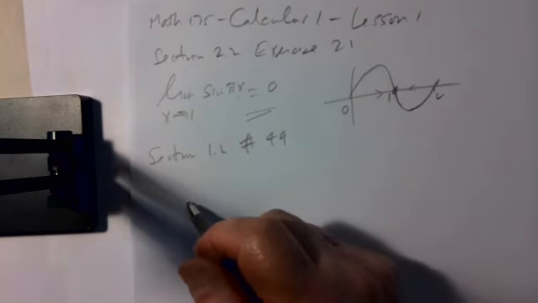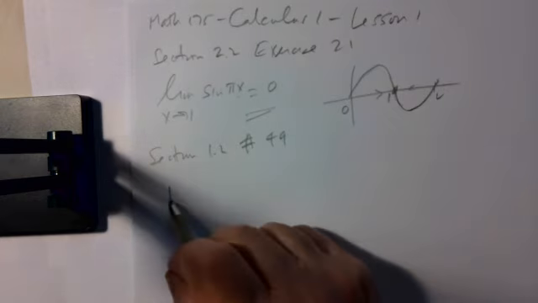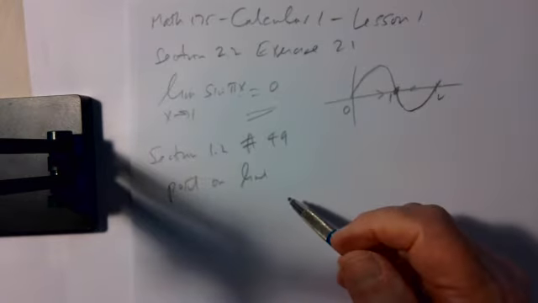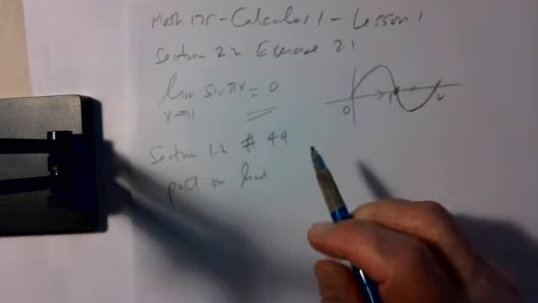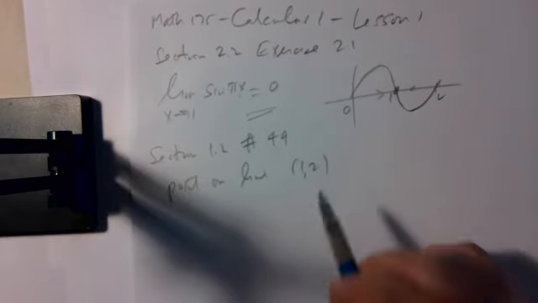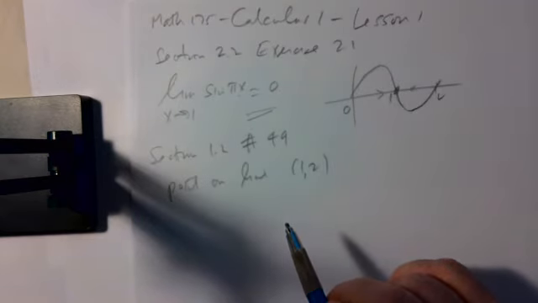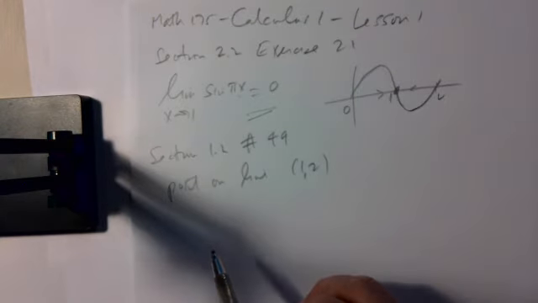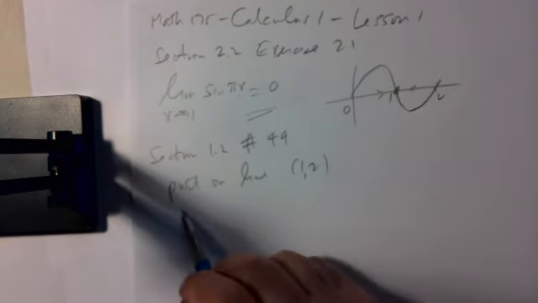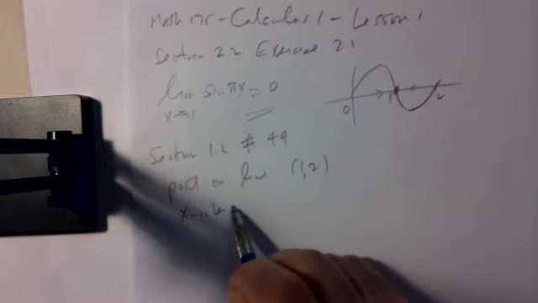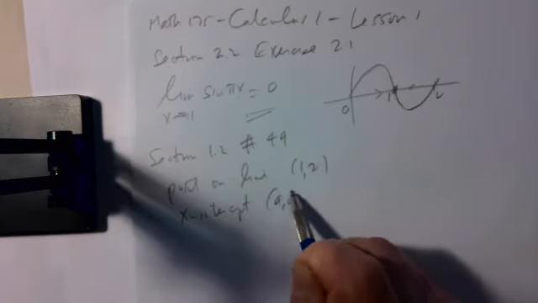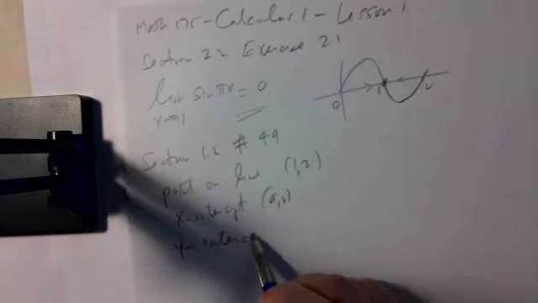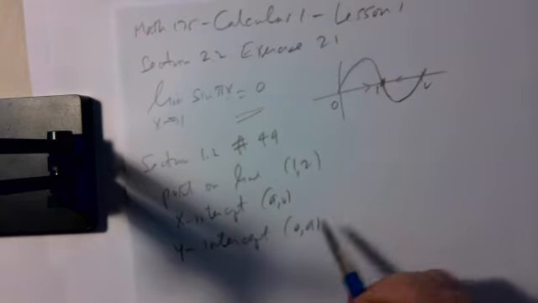You want to find the equation of a line, and a point on the line is 1, 2, and you're told that the x-intercept is a, 0, and the y-intercept is 0, a.